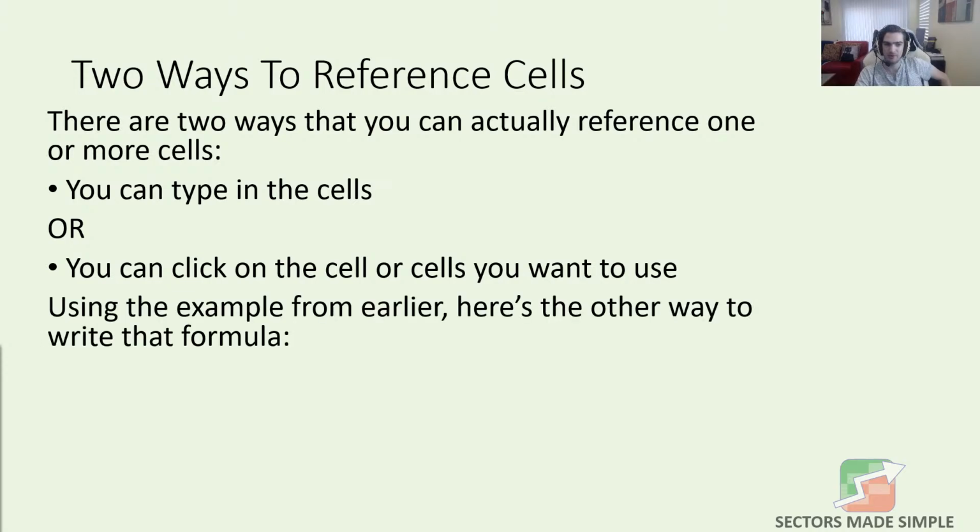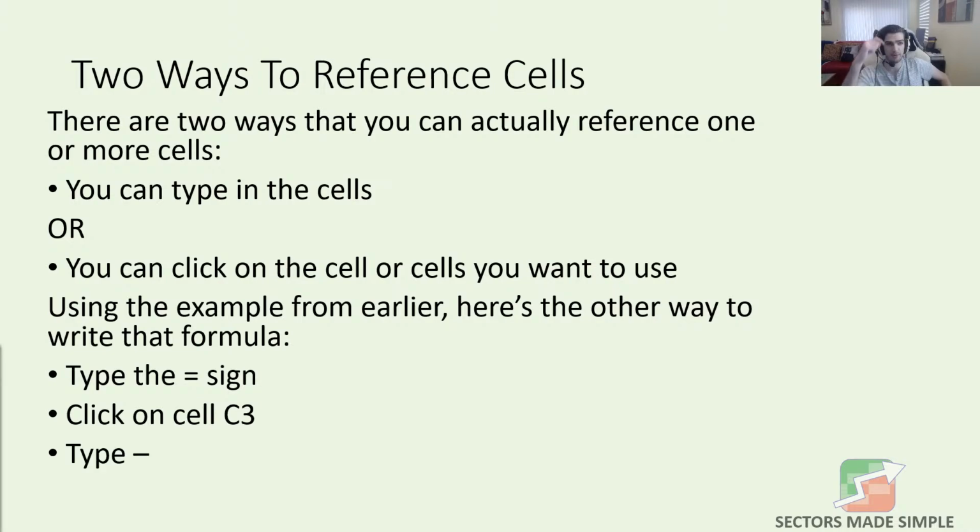So using the example that I just did, let's see what it would look like if I didn't want to type. We would first put in the equal sign, and then we would click on cell C3. We would type our dash to do minus, and then we would click on cell A3.